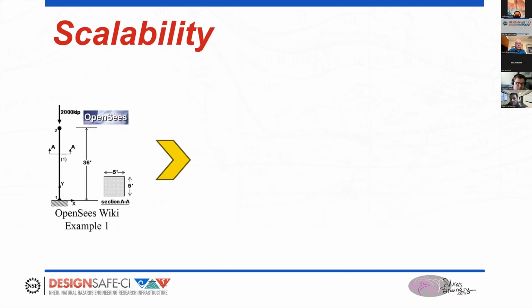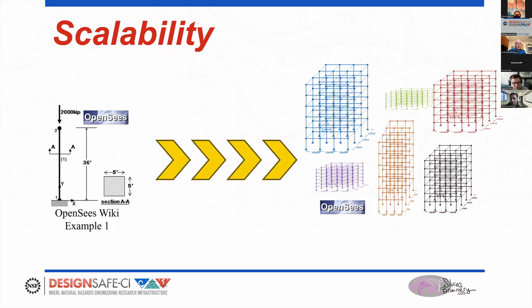So what is scalability? Well, we start off with OpenSees Example 1 that I wrote over 20 years ago. That's in the wiki, and then you scale up, and scalability means being able to run lots and millions of different variations of different structures, and different ground motions or different load cases. So how do we get from Example 1 all the way to this large data set?